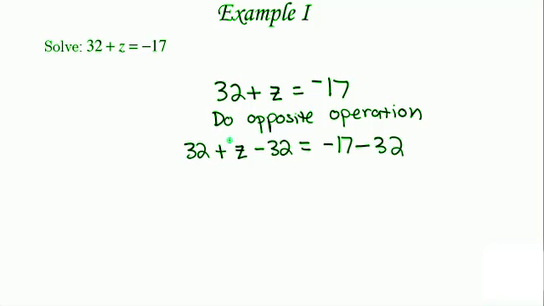So I have 32 minus 32 is 0, which gave me exactly what I wanted, z alone. And that is equal to minus 17 minus 32, which is negative 49. So in order to isolate the variable, I looked at what I had next to the variable, which was a 32, and then I did the opposite operation, which, since this is a positive 32, I'm going to subtract 32.